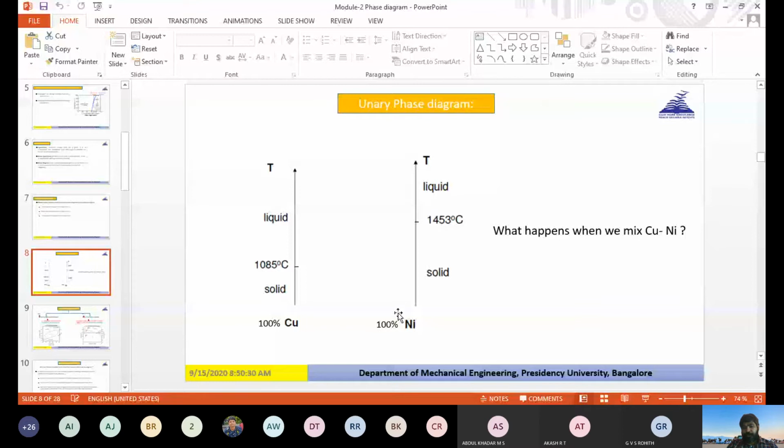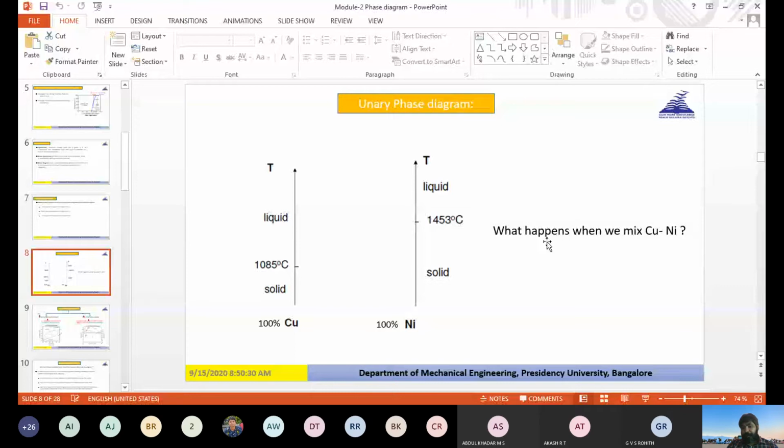If someone asks you to draw the phase diagram of 100% pure nickel, this will be your diagram. You just draw a temperature line. You cannot have a composition line because you have 100% nickel, no other element is there. So you just draw the 100% nickel line and see the effect of temperature. Below 1453 degrees Celsius it will be solid nickel, but at 1453 degrees Celsius it will start melting, and above this point you are going to have liquid nickel.